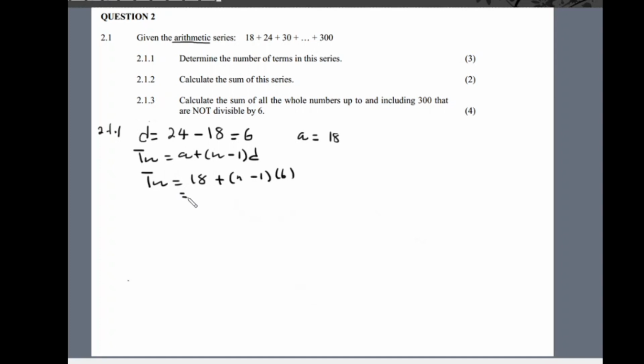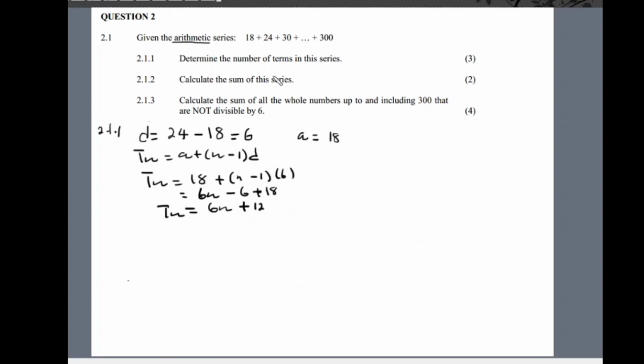So we have 6n minus 6 plus 18, which is equal to 6n plus 12. So our Tn will be 6n plus 12, right?